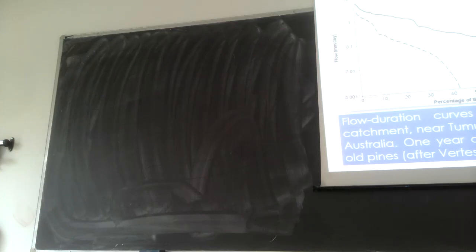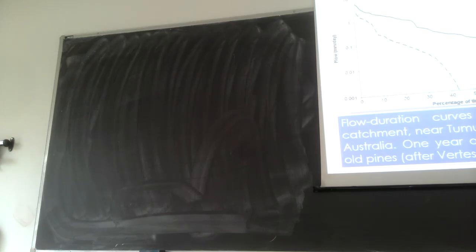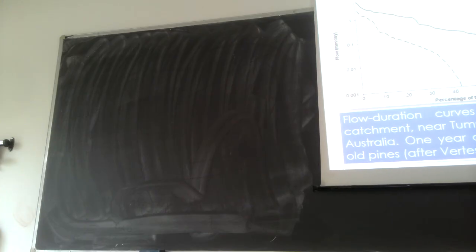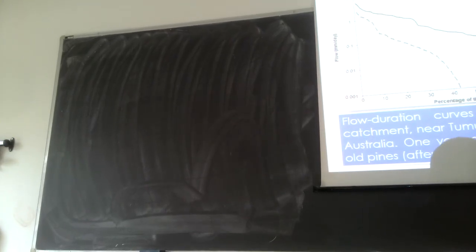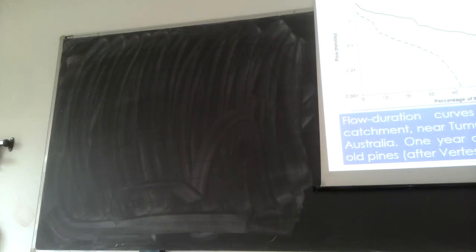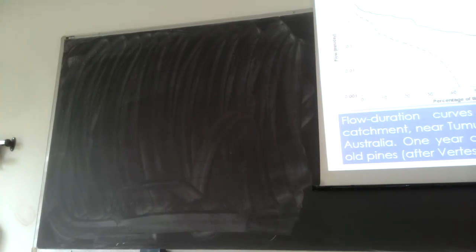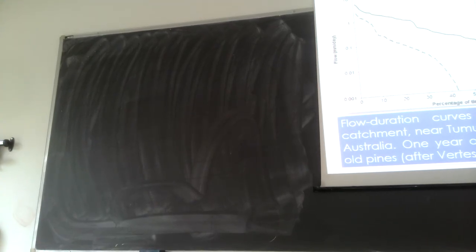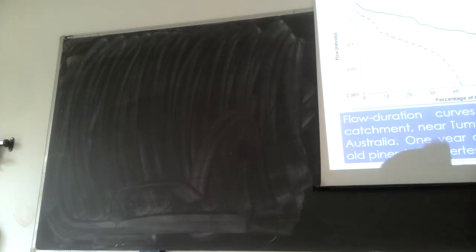These two years are 8 years apart. The first year, black thick line, a pine plantation in this small catchment was planted. So pine trees were planted on the slopes, and they were still small. And this is the situation 8 years after.